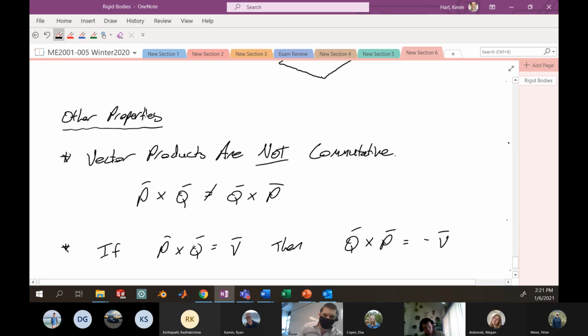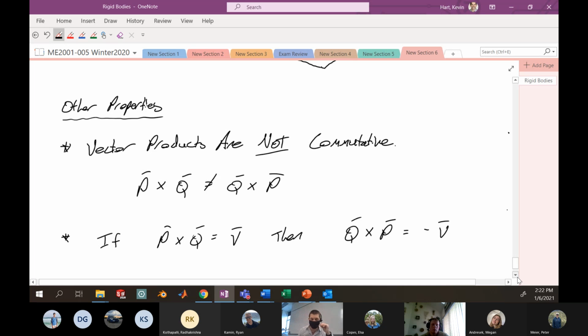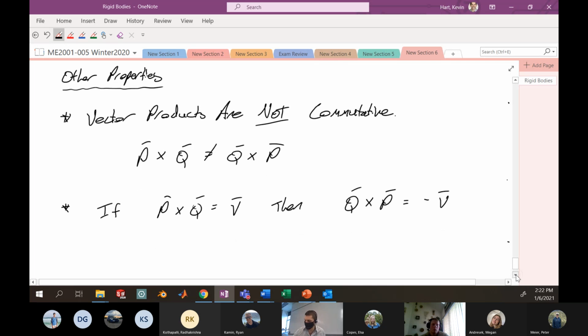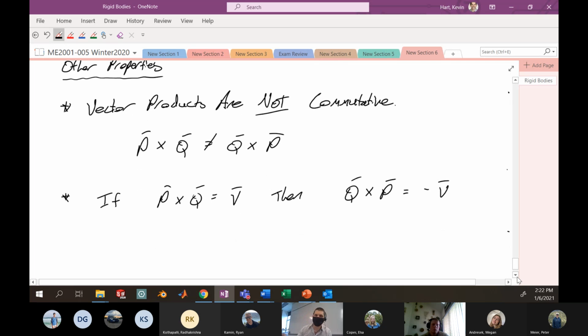And we saw why that was. They follow this right-hand rule, and if you reverse the directionality, or you start one way and curl your fingers the other way, your thumb's going to be pointing in opposite directions. But generally, the magnitude remains unchanged because the magnitude of Q times the magnitude of P times the sine of the angle between stays the same. It's just the directionality that changes when you talk about the order of the cross product here.